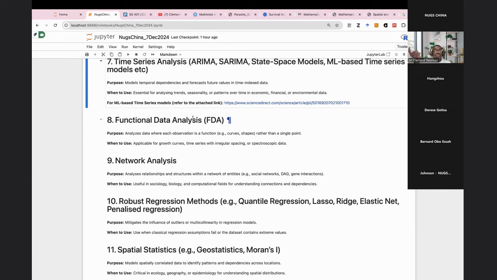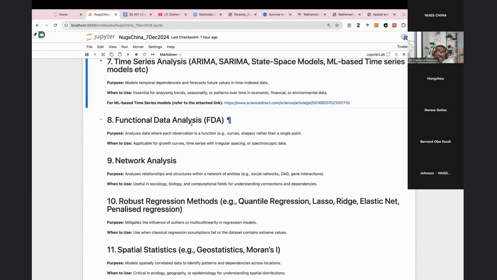Now you should know that the first derivative is equivalent to the rate of change. If you differentiate distance, you get velocity. If you differentiate velocity, you get acceleration, and so on. Fine. So one thing is that you can convert data into curves.